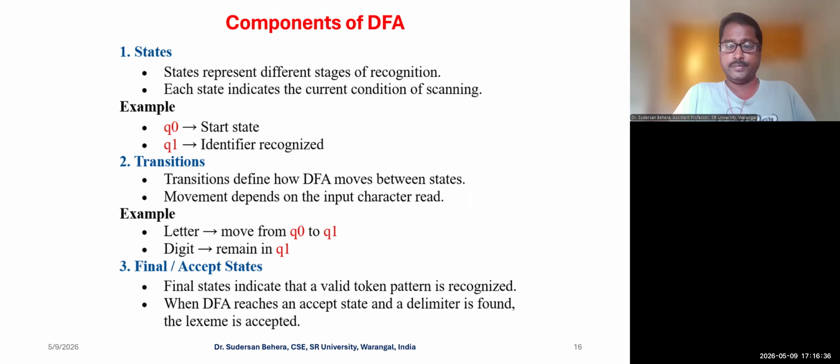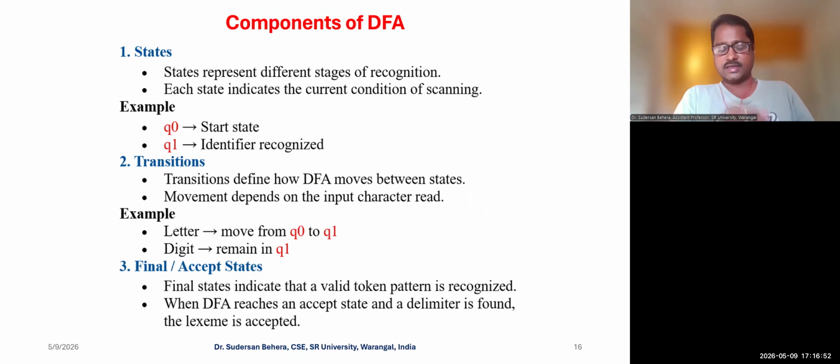That is called the different stages of recognition. So it has a set of states.